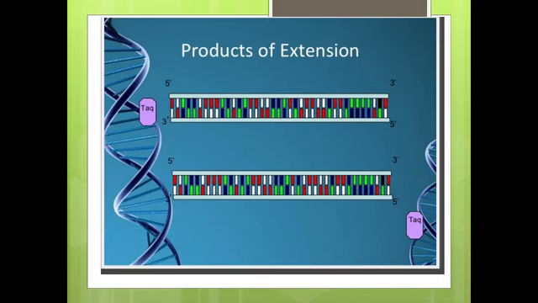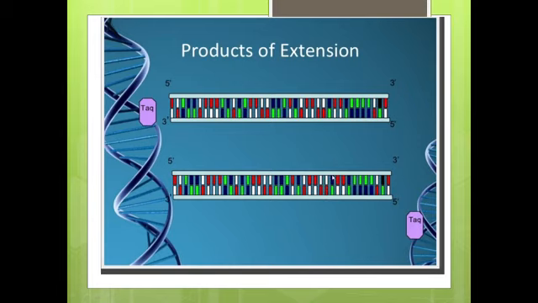So again, these two DNA molecules are subjected to heating. They are heated again. The temperature is again raised to 92 to 96 degrees centigrade. This will result in separation of these two strands.